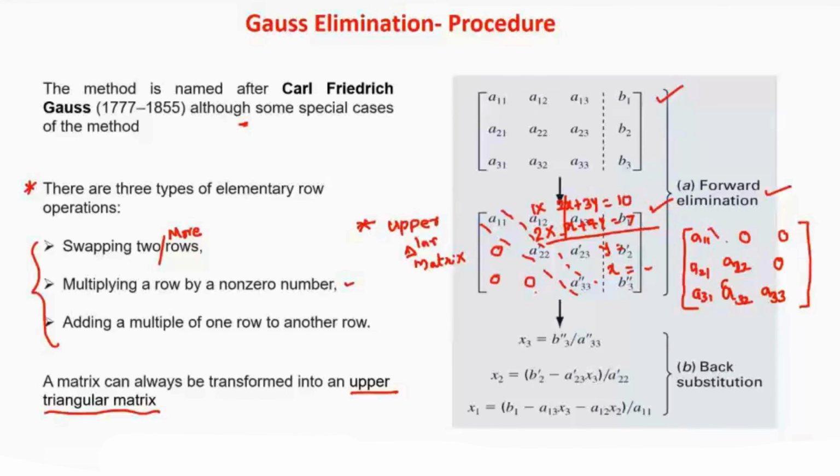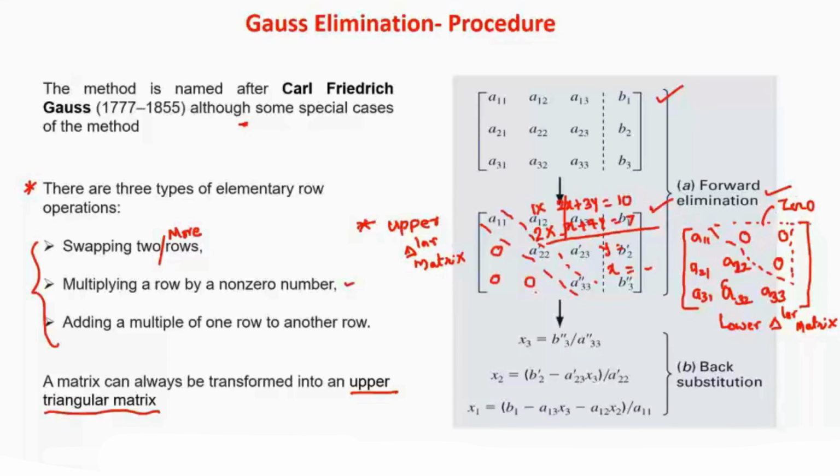So the elements present above the diagonal of this matrix are 0. Such a matrix is called a lower triangular matrix. So this is the difference between a lower triangular matrix and an upper triangular matrix.